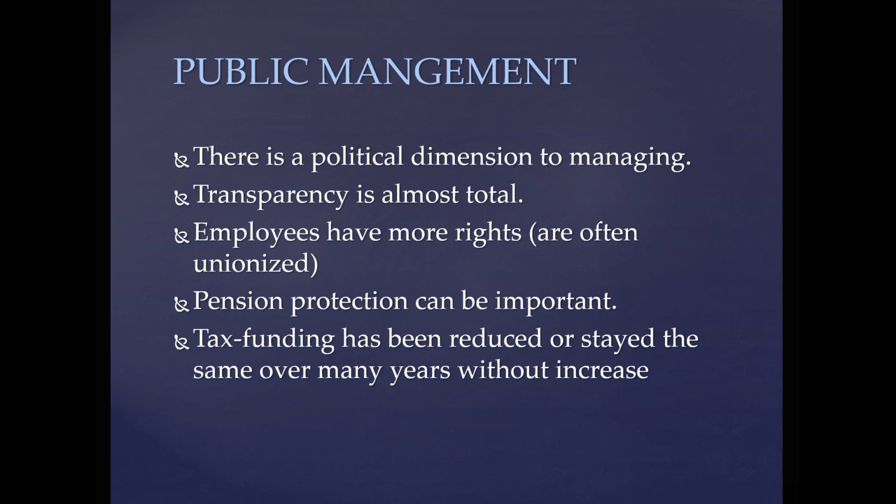Transparency is supposed to be almost total, and that's what most of CBC News and NTV is about, trying to find when a government isn't transparent. And employees often have very high rights, and they're often unionized. For example, generally speaking, there's at least a very good pension plan and that sort of thing. There's a lot of pension protection.